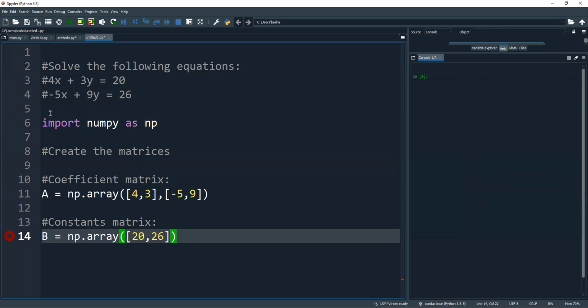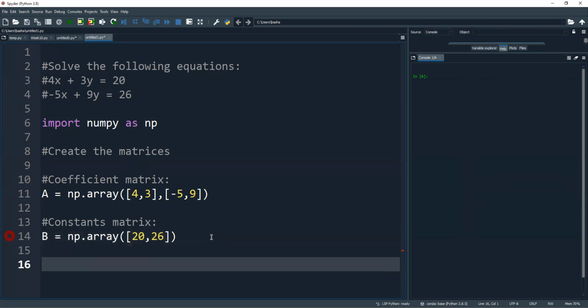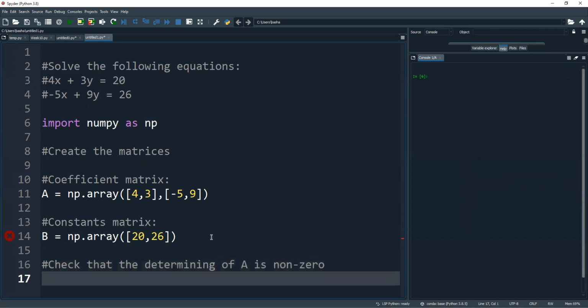In order to determine the solution of this system of equations, good practice is to always check the determinant. Check that the determinant of A is non-zero. This is very important because if the determinant is zero, then your system does not have a solution. It's just a system of equations without solution.